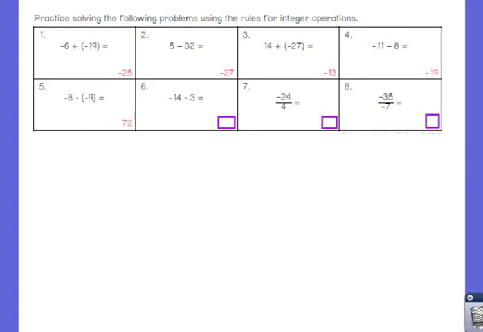I have 1 negative, so what's my answer? Negative, 42. Now I'm dividing, and I have 1 negative. So is my answer negative or positive? Negative 6. Dividing, and I have 2 negatives, so it has to be positive 5.